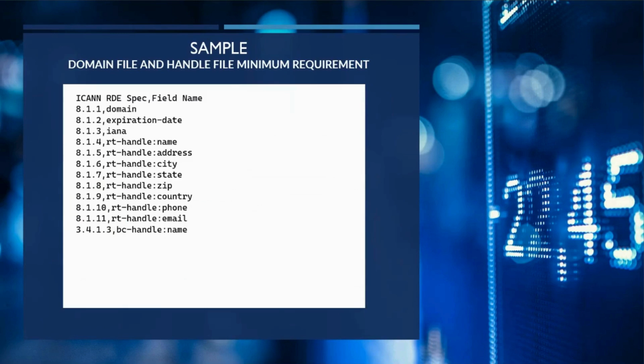This is a sample for a domain file, which is also using a handle file, with the minimum requirements. On the left, you are seeing the RDE spec numbers, and on the right, the field names, which are the columns in your deposit file.